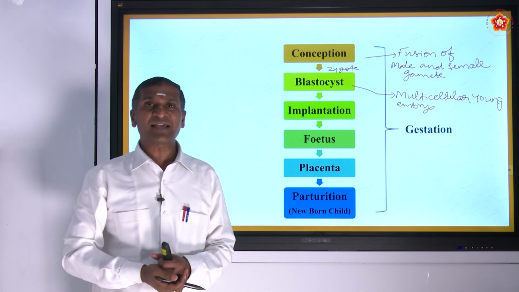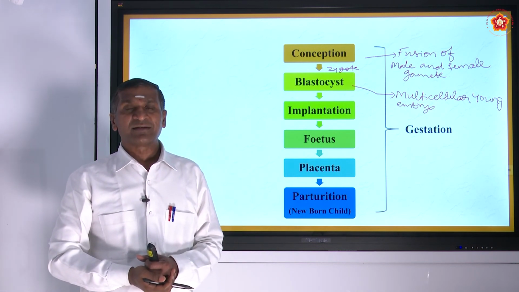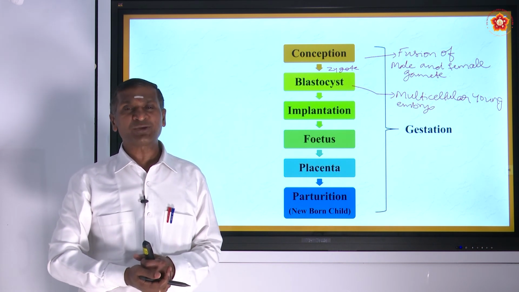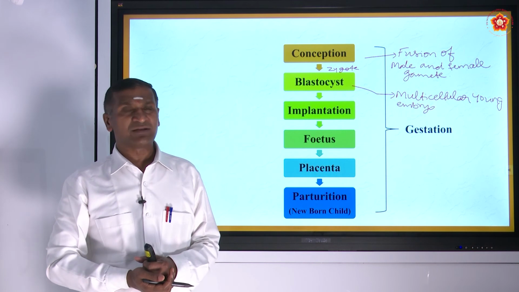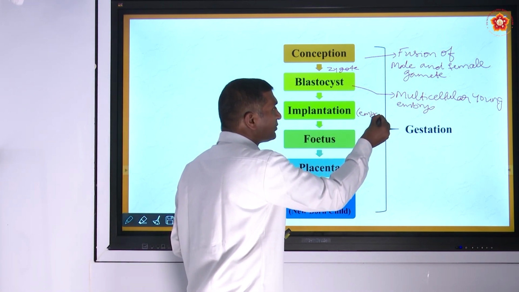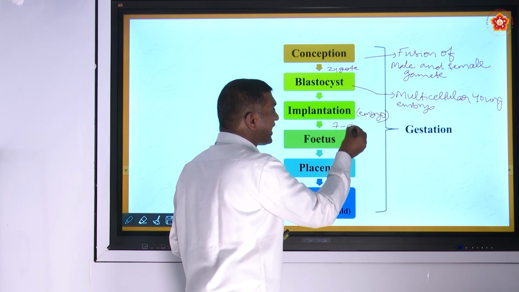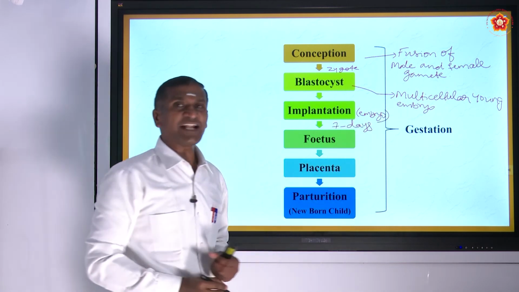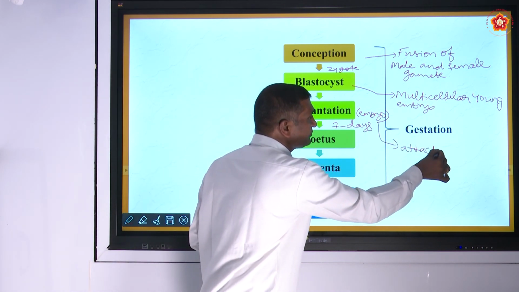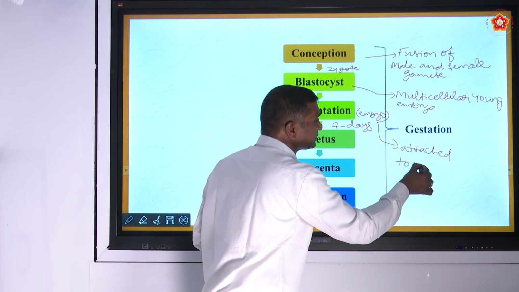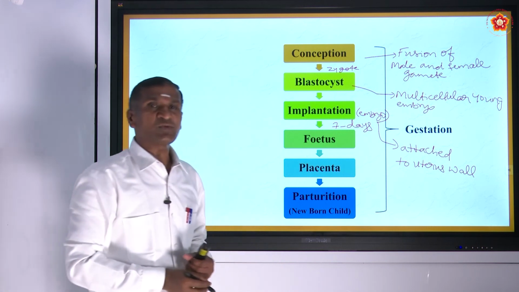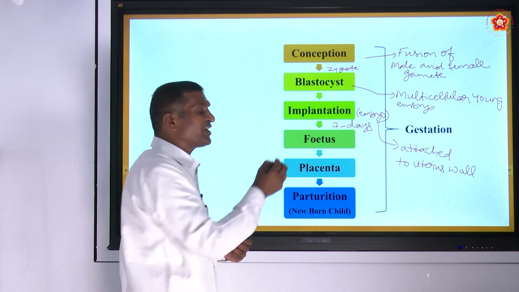Within 7 days, the embryo gets attached to the wall of the uterus, the uterine wall. The implantation is nothing but the same embryo attaching to the uterus wall after 7 days, and that forms the fetus.